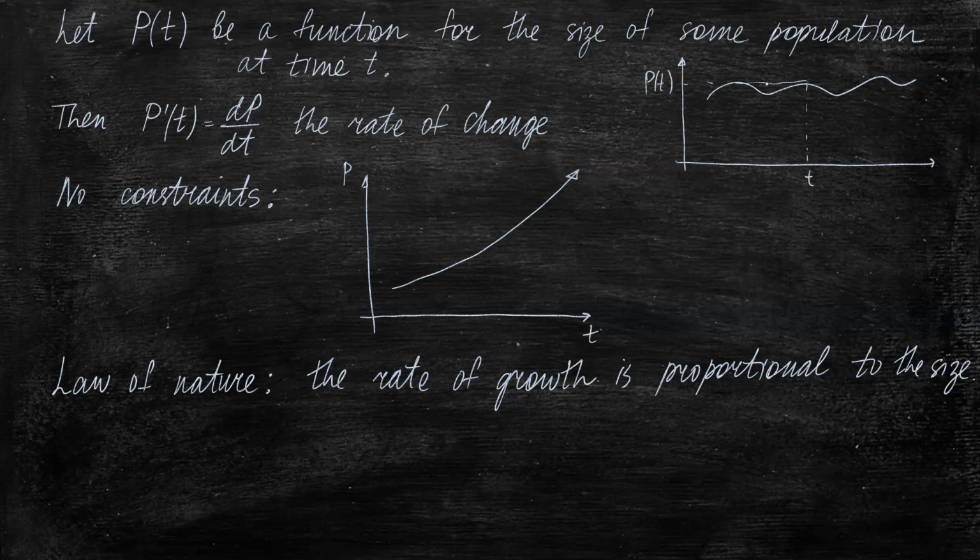Again, if you only have like two representatives of some species, this population won't grow as fast as when you have 2,000 representatives of some species. However, the question here is, how do we express this mathematically? So mathematically, we express this as, hey, this is my rate of growth.